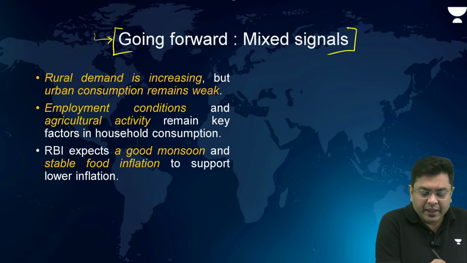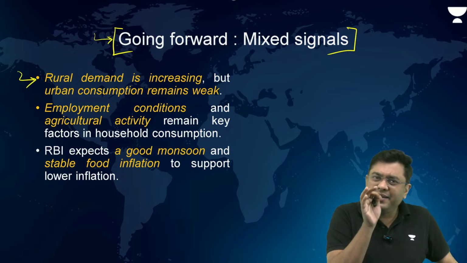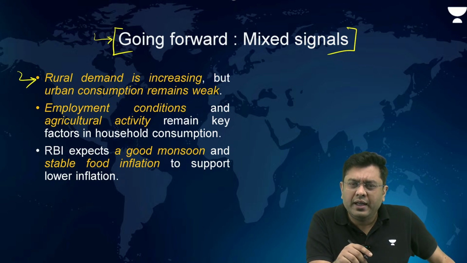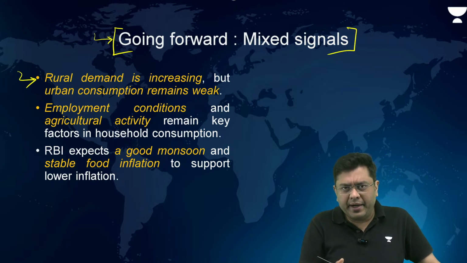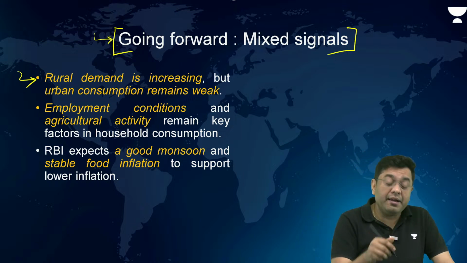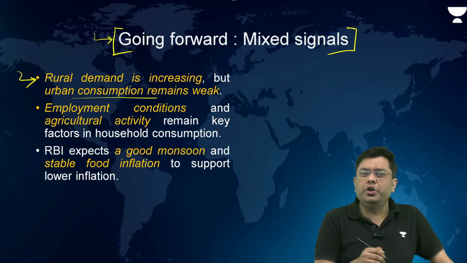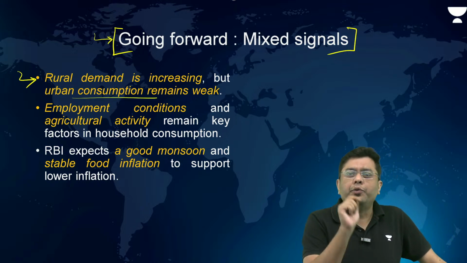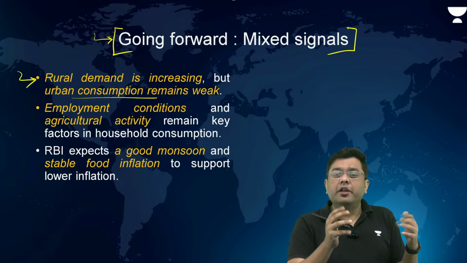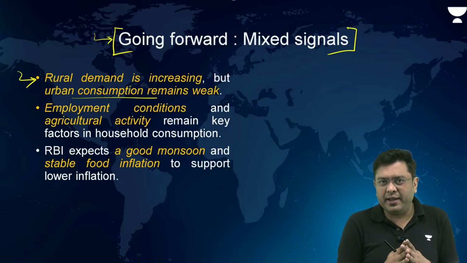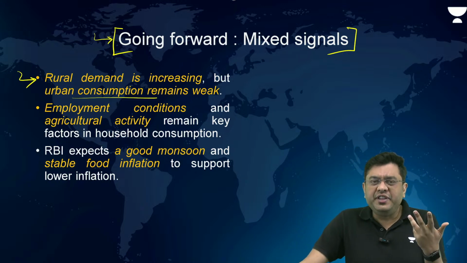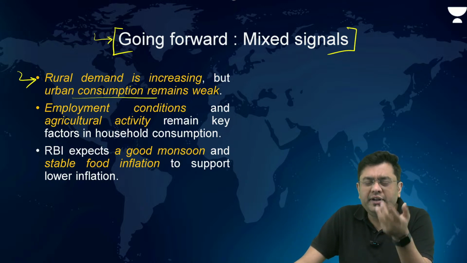First of all, while the rural demand is increasing, in the case of normal monsoons also, that will further bolster the rural demand because crop productivity will increase. But at the same time, when we talk about urban consumption, that remains weak still. For example, the fast-moving consumer goods sector, FMCG sector, is experiencing a decline in demand. Now, FMCG, for example, soap, detergents.